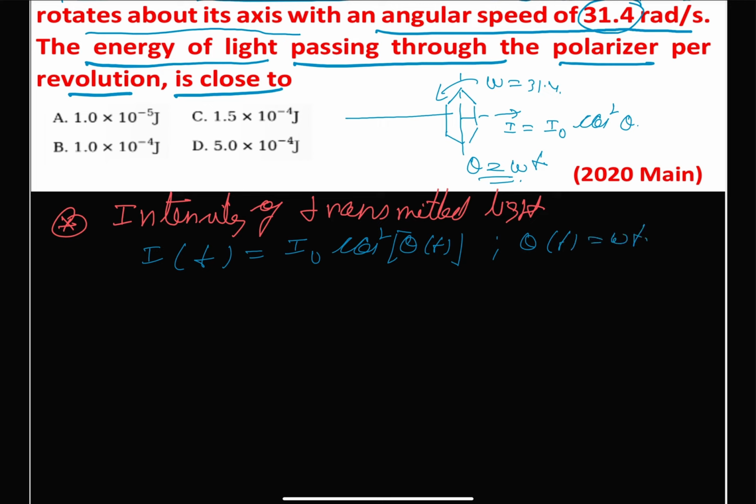We substitute the value, and we get I of t is equal to I naught cos square omega t.